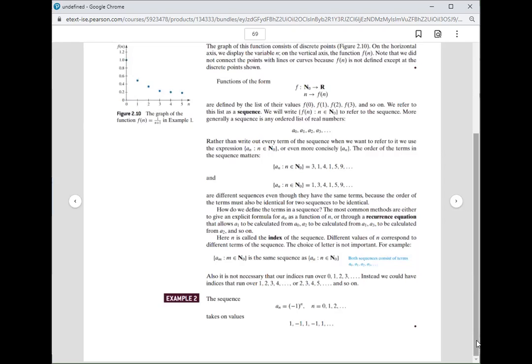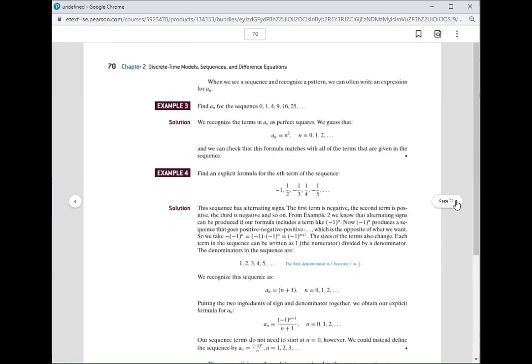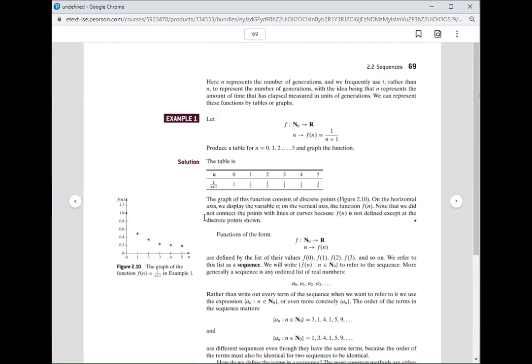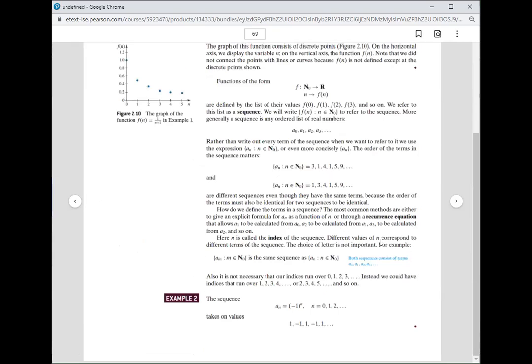As you can see, there is a kind of pattern. For example, a_n equals negative 1 to the n is an alternating sequence here. Also, how do we define the term in a sequence?